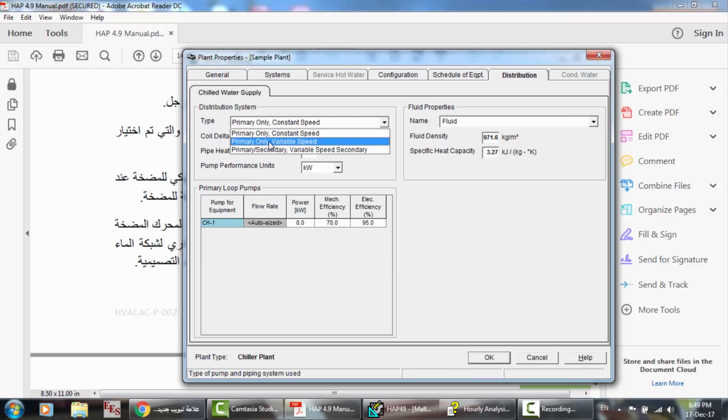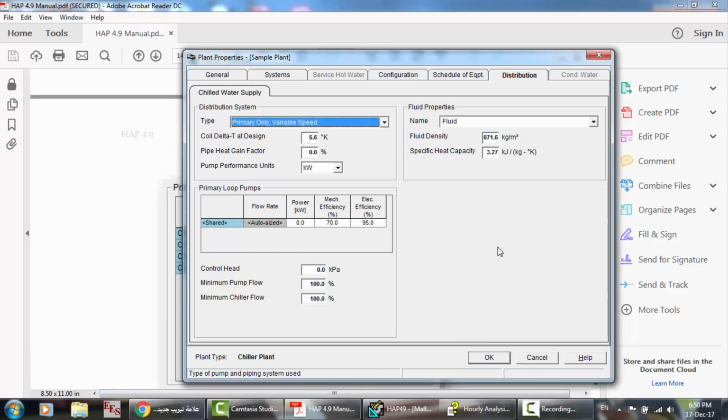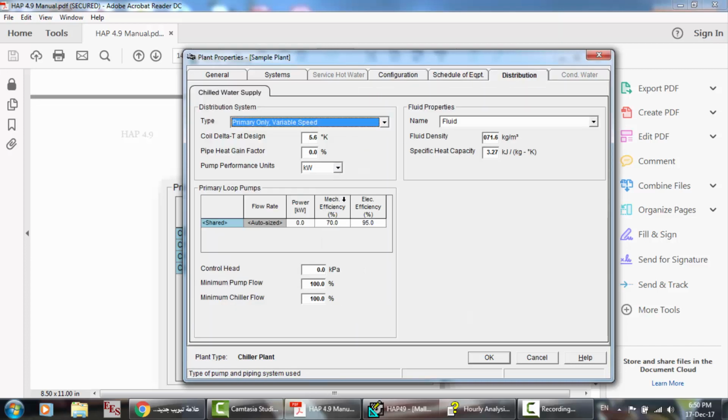Here for primary only variable speed, but before this, suppose that we have here 3 chillers, schedule and distribution.